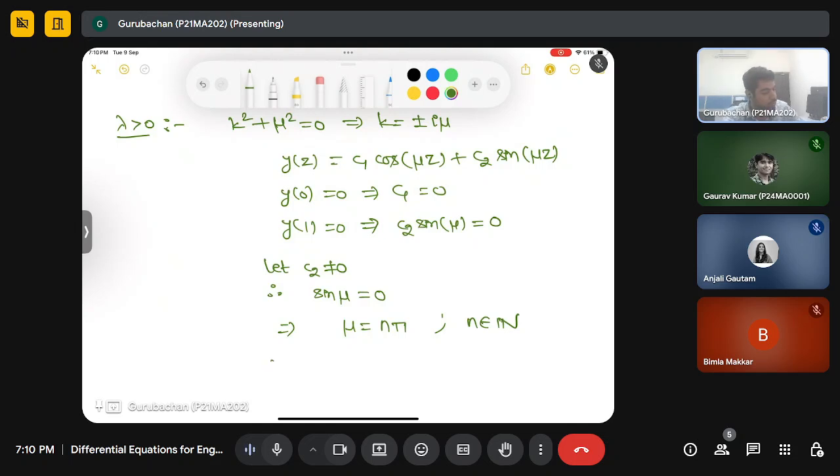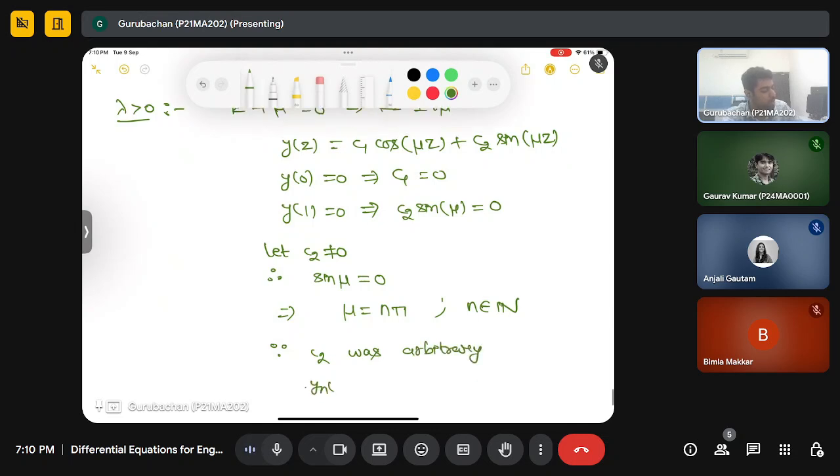Since c2 was arbitrary, what will be your y_n(z) here? Since depending on n, I am writing y_n. Sine n pi z, where n is a natural number and z is from 0 to 1.